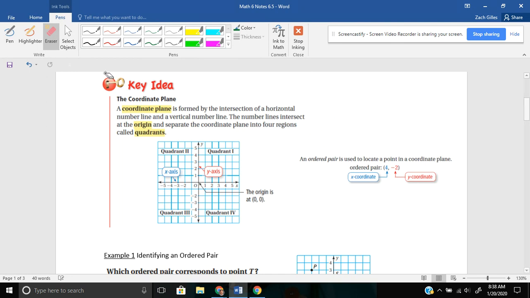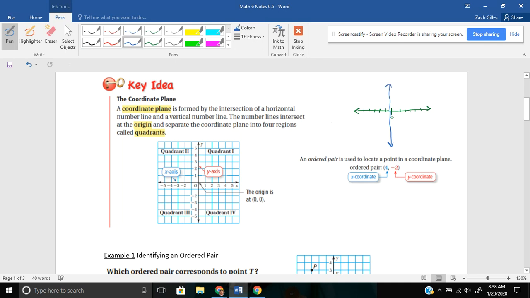All a coordinate plane is, is a mix between a horizontal number line, kind of like the one you see in the front of the room, where we've got 0 and numbers that are positive are on the right-hand side and numbers that are negative are on the left-hand side, mixed with a vertical number line.